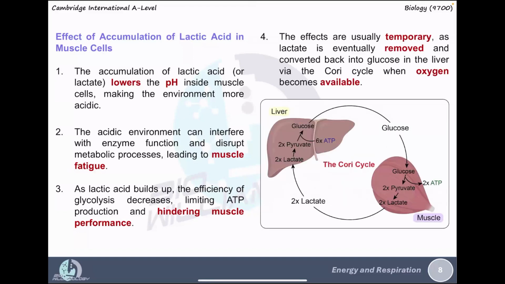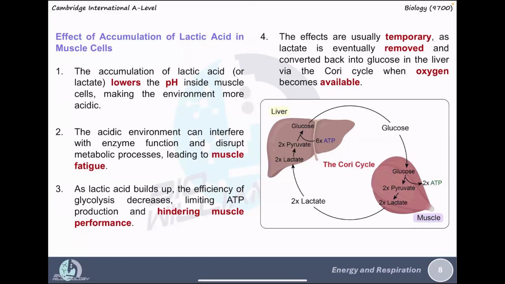However, this effect is usually temporary because lactic acid or lactate is eventually removed and converted back into glucose in the liver through a process known as the Cori cycle when oxygen becomes available. In this diagram, you can see that the lactic acid can be removed from the muscle cells into the bloodstream, and through blood circulation, the lactate is transported to the liver.